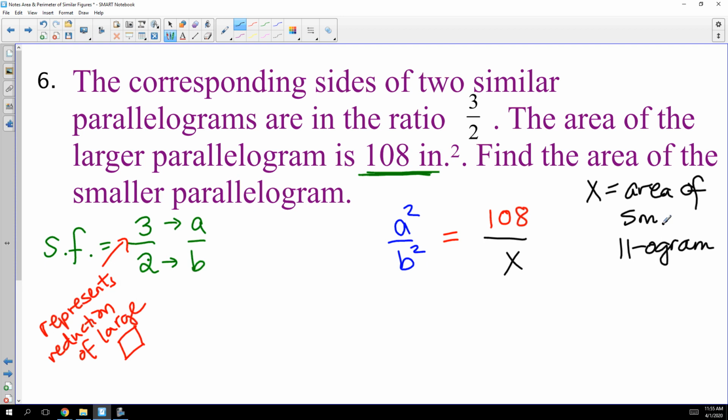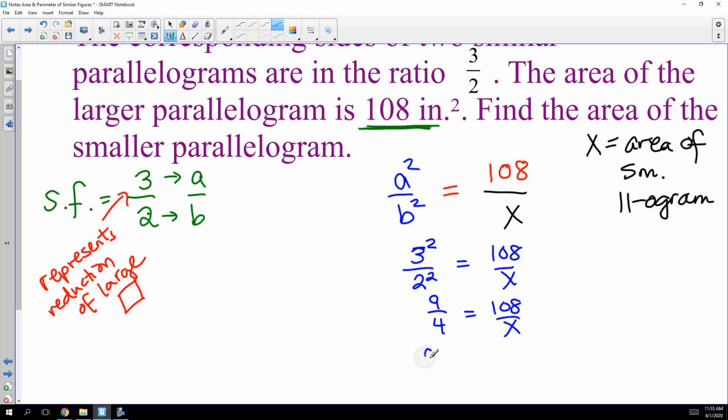All right, so we already know the scale factor is 3 to 2, so now I'm going to say 3 squared over 2 squared equals 108 over x, 9 over 4 equals 108 over x. So 9x is equal to 432, and x is equal to 432 divided by 9, which is 48.